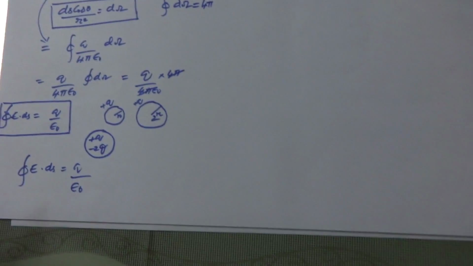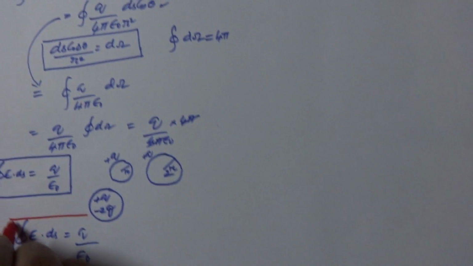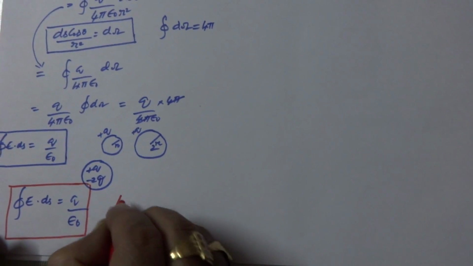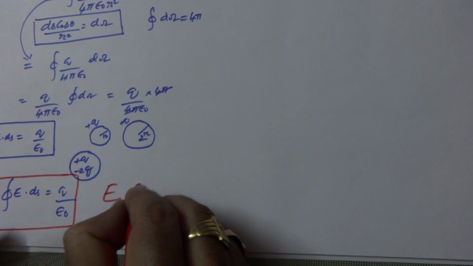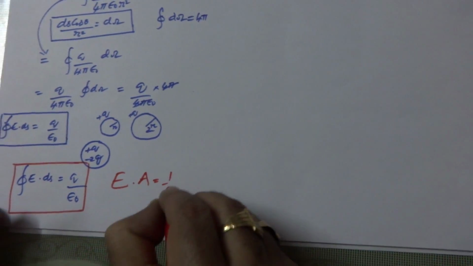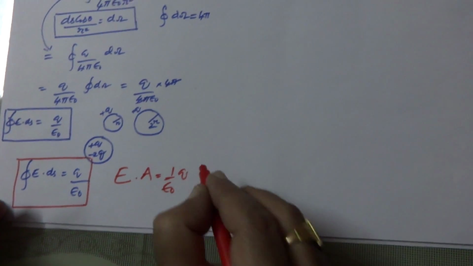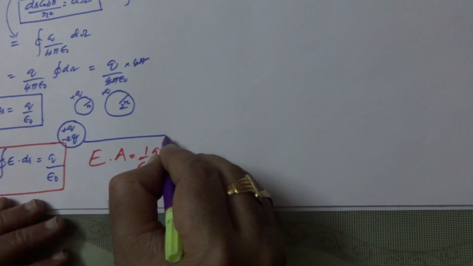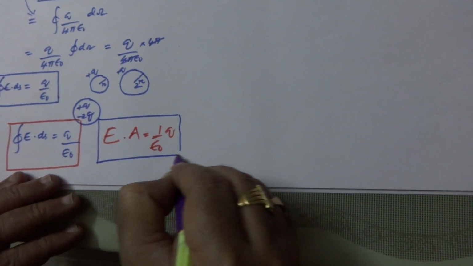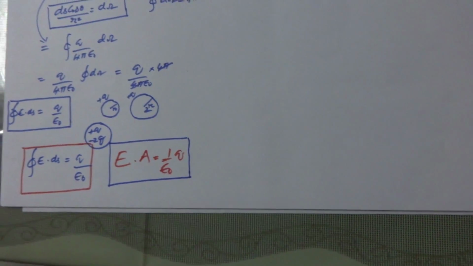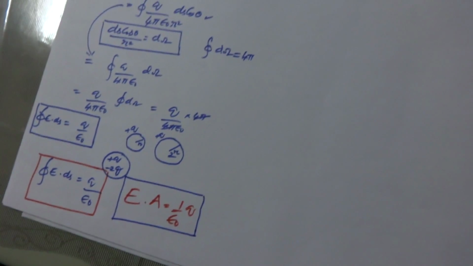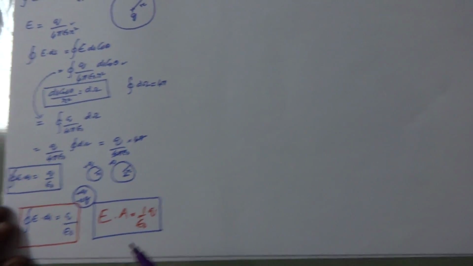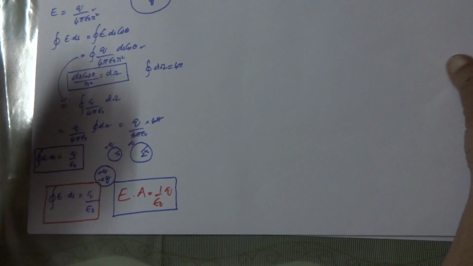This is one way of writing flux or writing the Gauss theorem. The other one is E times area is equal to 1 by epsilon naught times q. This is used when the area is already known to us and the electric field direction and area direction are already known to us. Now let us do some of the applications.